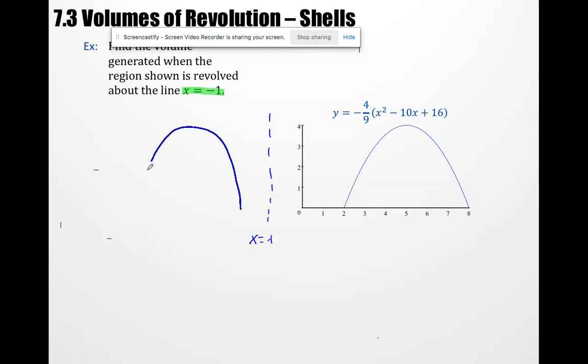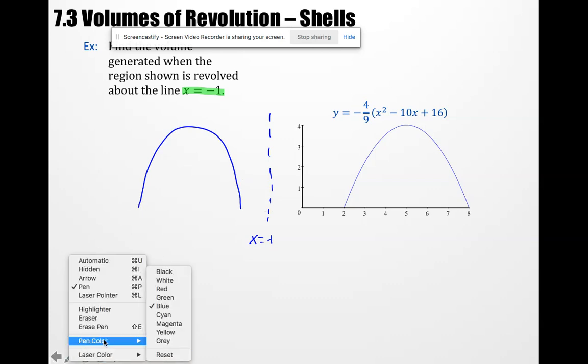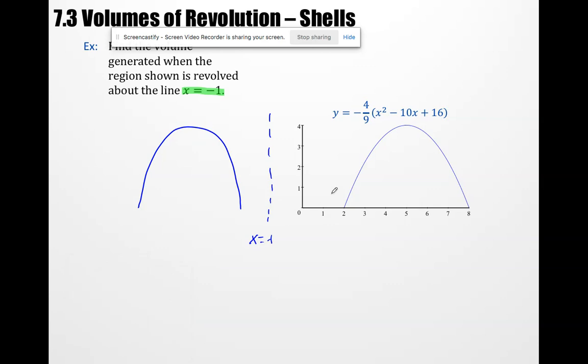This time I left myself some room. Reflect it. I want to draw a strip. Instead of going across like this and having to get x by itself, I'm drawing a strip in my shape that is parallel to the axis of rotation, but perpendicular to the x-axis. So I'm going to integrate dx.